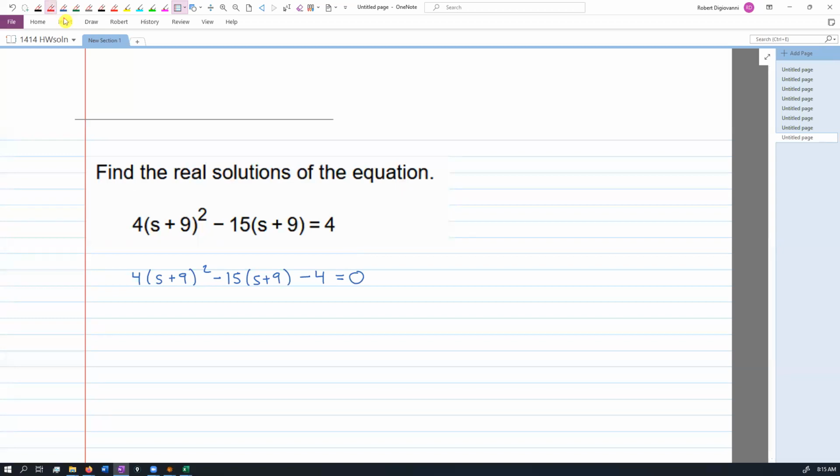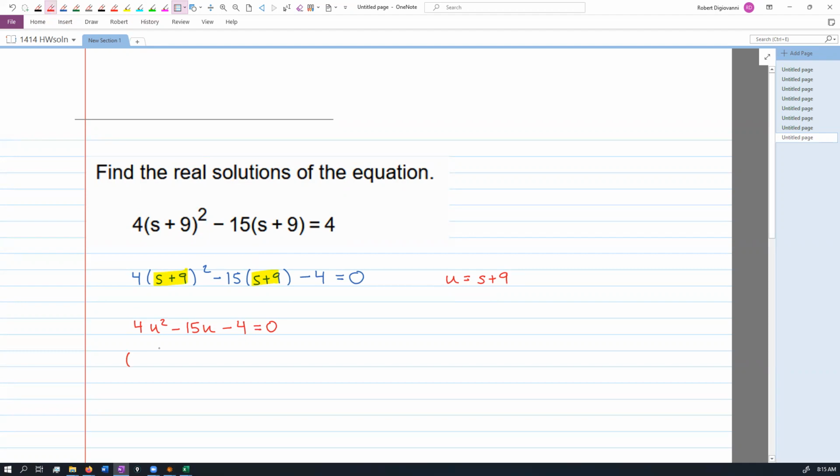Now I'm going to make a substitution that u is s plus 9. If I do that, this becomes 4u squared minus 15u minus 4 equals 0. All I did was replace the yellow with u and then rewrote it as a quadratic.